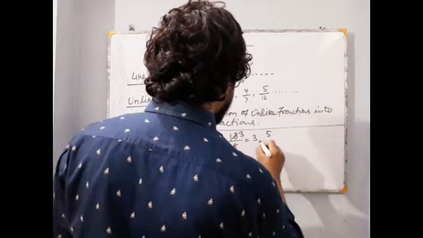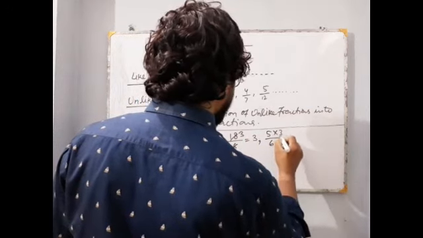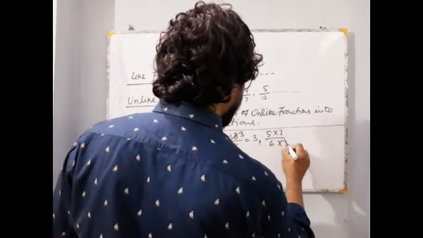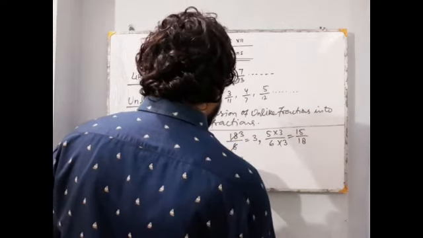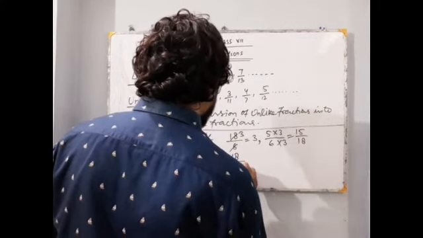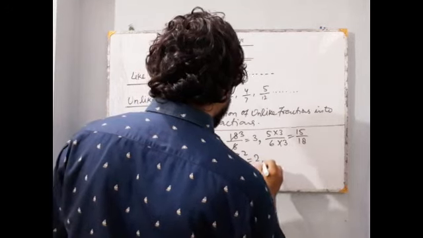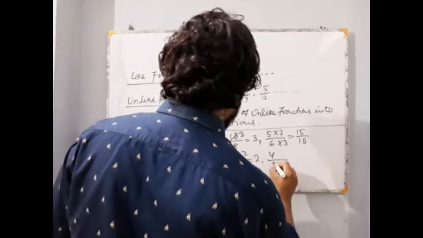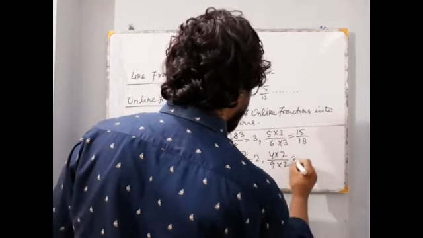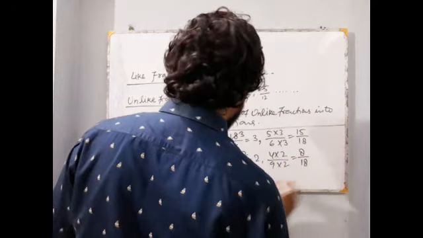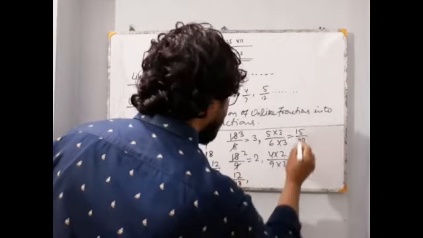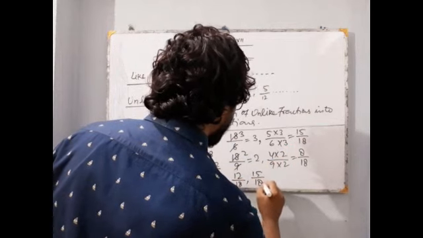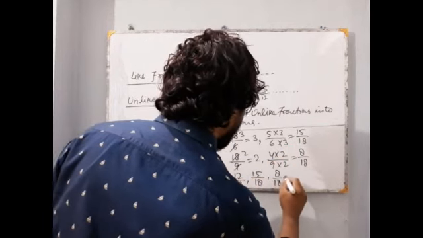Now second fraction 5 by 6 is multiplied by this quotient. Now LCM is divided by the third denominator, that is 2. Now third fraction is multiplied by 2. We can say that 12 by 18, 15 by 18 and 8 by 18 are our like fractions.